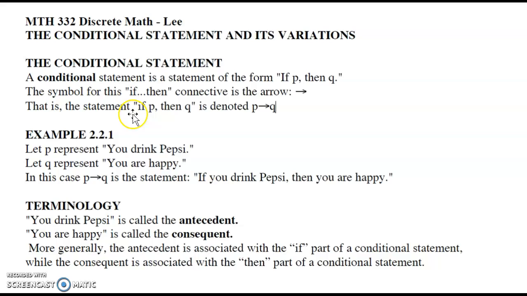So in English, if we have if P then Q, in mathematical language, we just have P, right-sided arrow, Q. So for example, let P represent the statement you drink Pepsi, and let Q represent the statement you are happy. So in this case, P right-sided arrow Q simply means the statement in English, if you drink Pepsi, then you are happy. You drink Pepsi is called the antecedent.